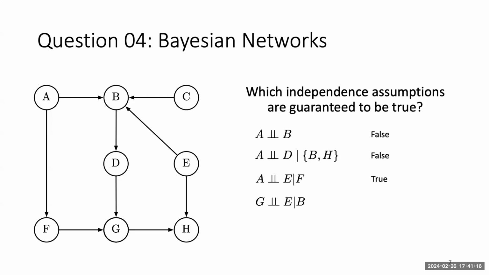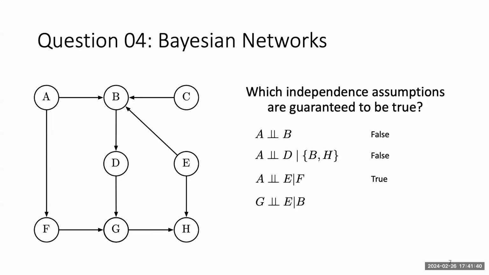Now, if F is observed, A can try to go from here to here, but F blocks the path because it's just a serial chain. And then there's also A to B to D to G to H, but H is not observed, so it also blocks the path.